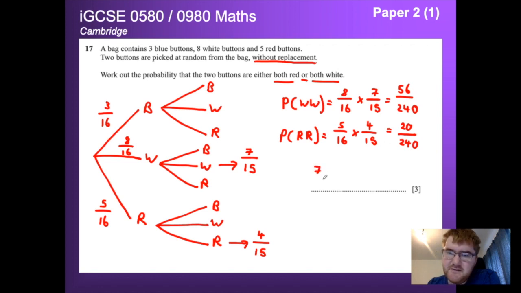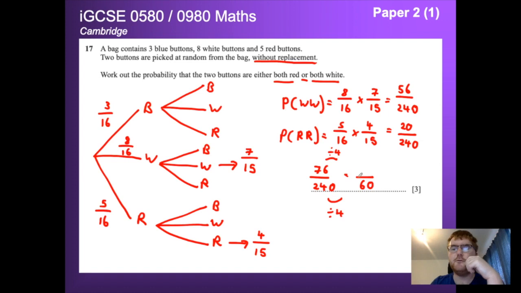So we get 76 out of 240. Now we can actually simplify that down. We can divide top and bottom here by 4. And then we get our simplified answer of 60 on the bottom. Again, you can use your calculator for this. 76 divided by 4 is equal to 19. And we have our answer.